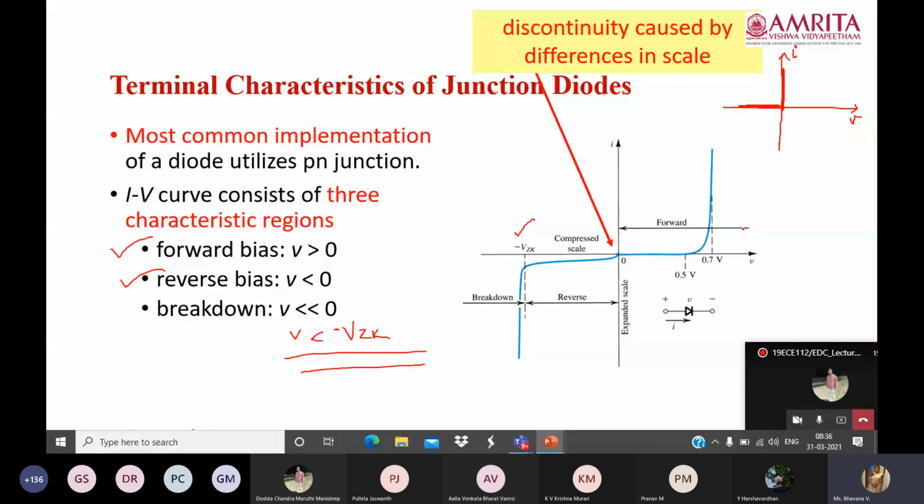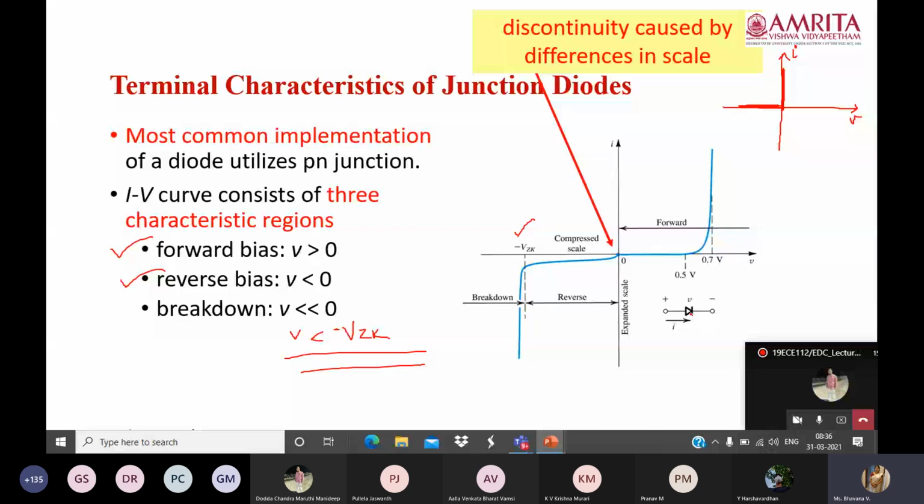This is the forward bias region. In the reverse bias region, the current will be negligible. When you do the derivation, it will be more clear. Once it crosses the threshold called the knee voltage, it will enter the breakdown region. First sketch the IV characteristics, then we'll discuss.